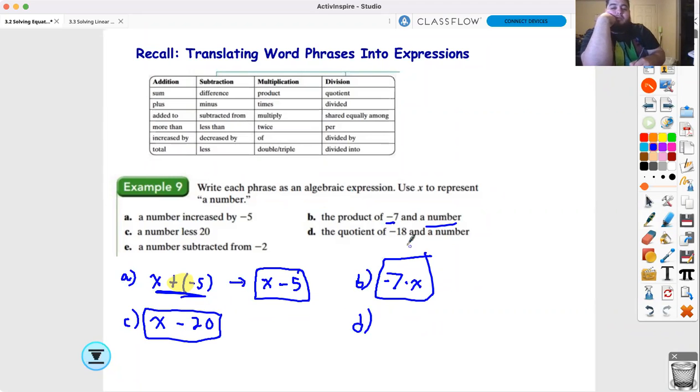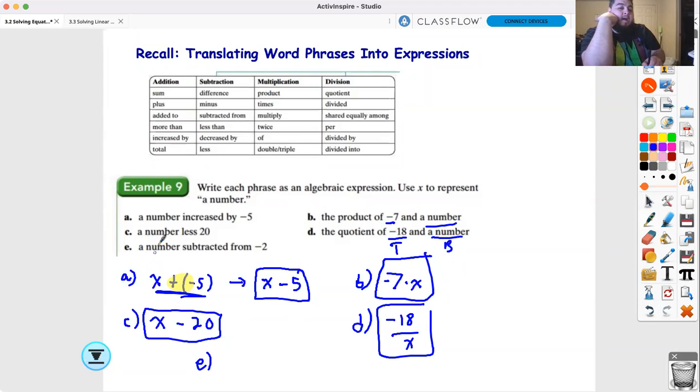D, the quotient of -18 and a number. Remember that the first thing after the word of is the top, and then after the and is the bottom. So it's going to be -18 over X. And we're done with D. E is the trickiest one. Do not get thrown off by it.